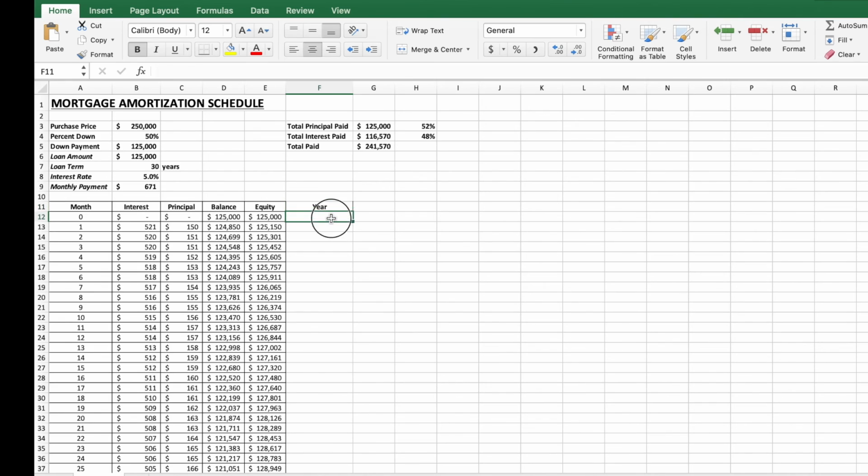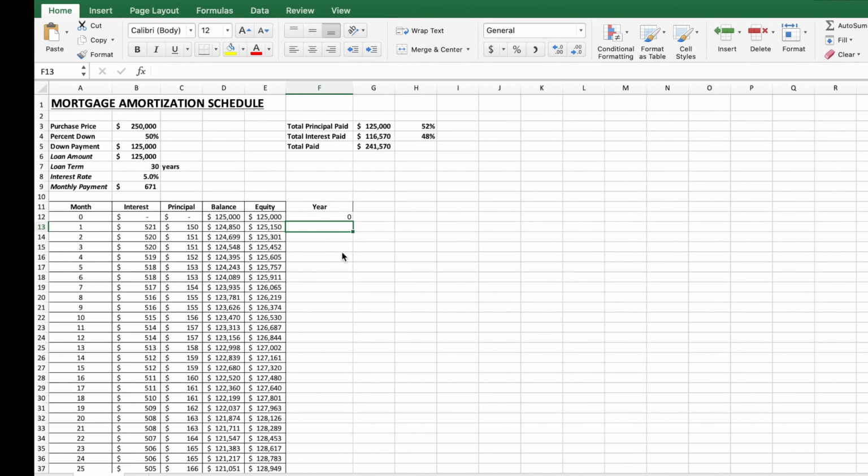And when I do that, I'm then going to figure out what year I want it to be. So for the very first month, for month 0, that's year 0. It really doesn't count as any particular year. But then going forward, for the first 12 months, I'm going to be in year 1. So I could go through and type 1 12 times, but that would get really challenging if I have to go all the way to 30 years.